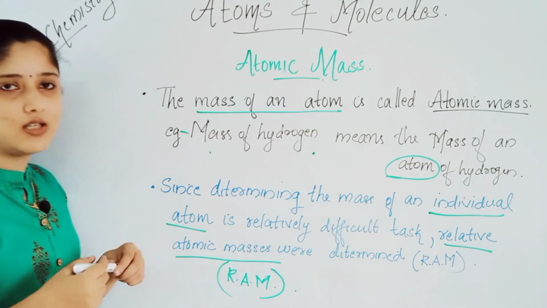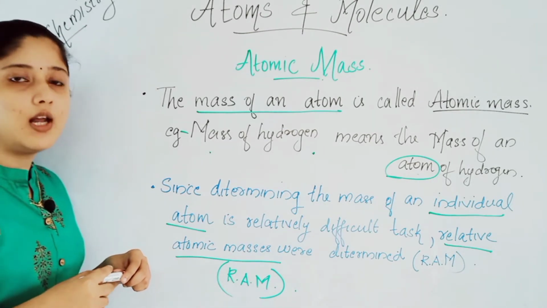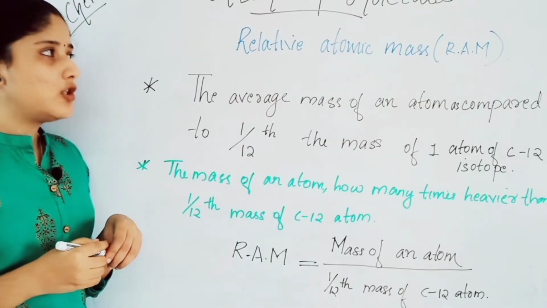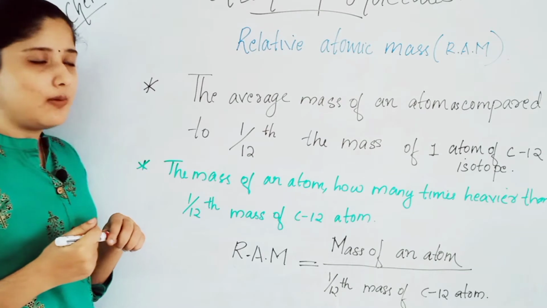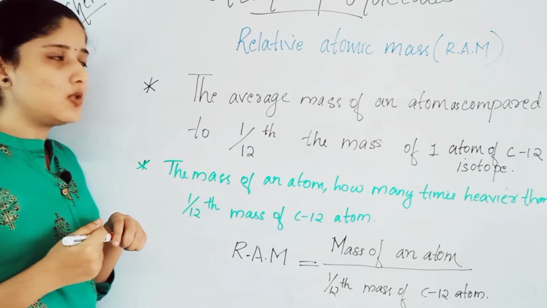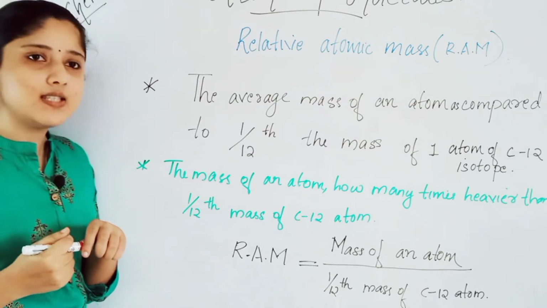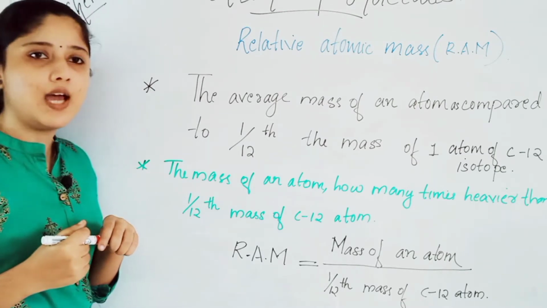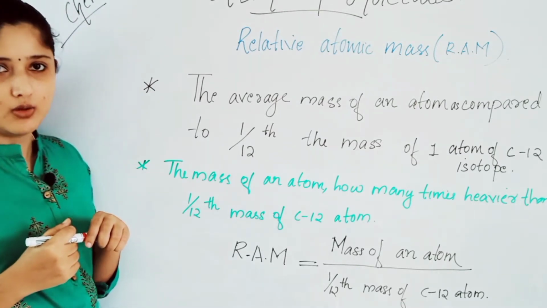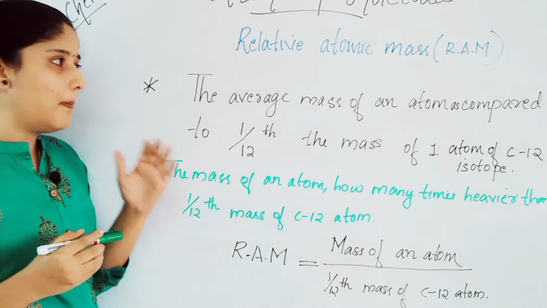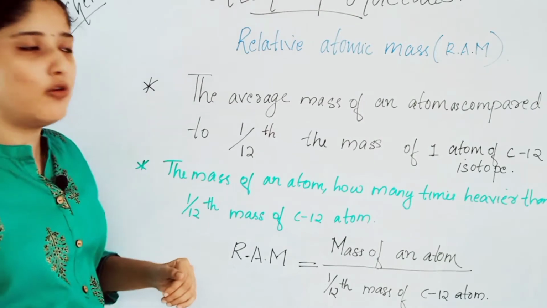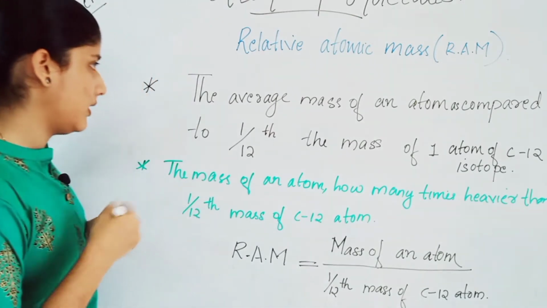Now let's discuss the definition of relative atomic mass. Relative atomic mass of an atom can be defined as the average mass of an atom as compared to the 1/12th mass of one atom of carbon-12 isotope.